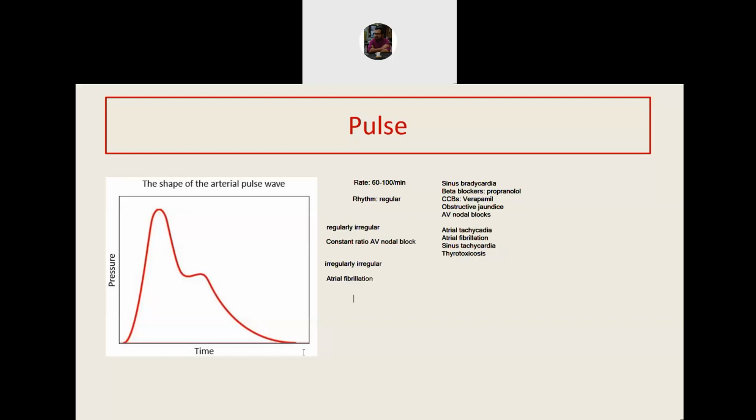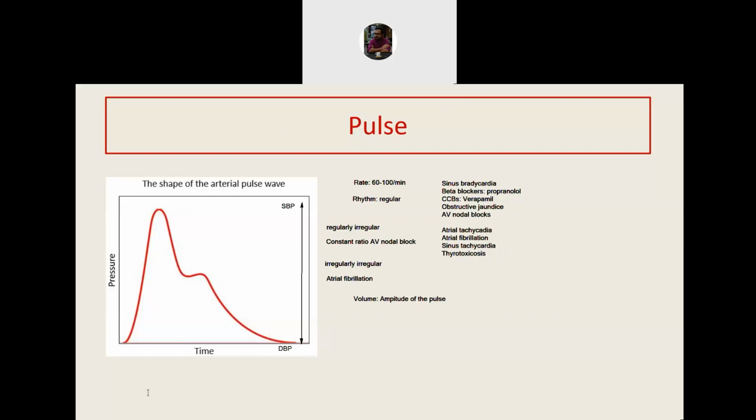After assessment of the rhythm, it is important to look at the volume. And volume refers to the amplitude of the pulse. So if this is the pulse wave, which we have also discussed in previous episodes, then the volume of the pulse refers to the amplitude of the pulse. That is the difference between the systolic peak and the diastolic trough.